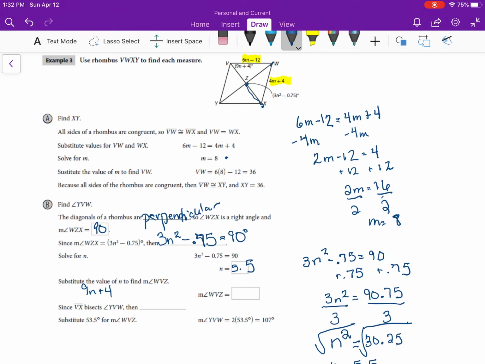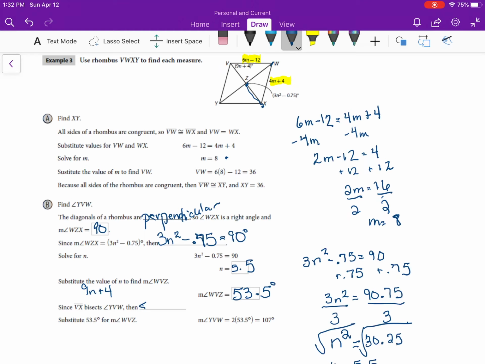And when I plug 5.5 in, WVZ equals 53.5 degrees. Now, I know that VX bisects that angle. It cuts it in half. So I know both sides would be 53.5.